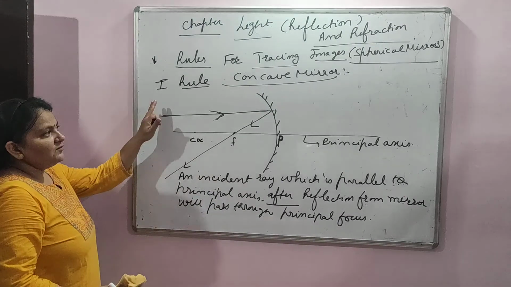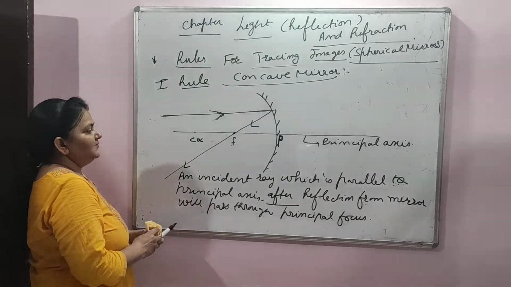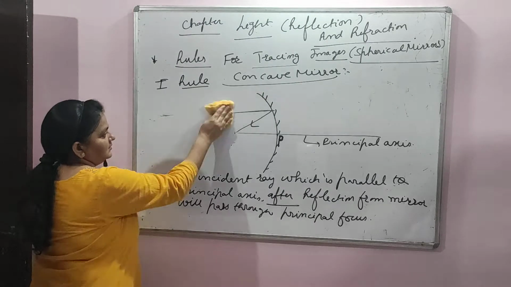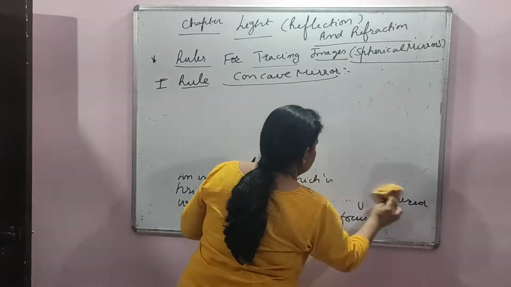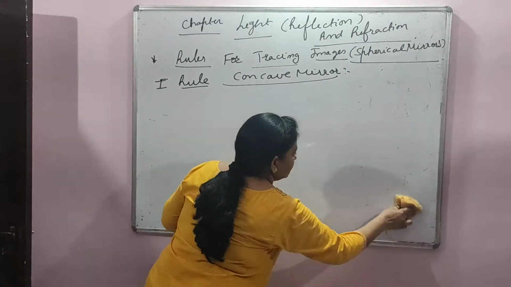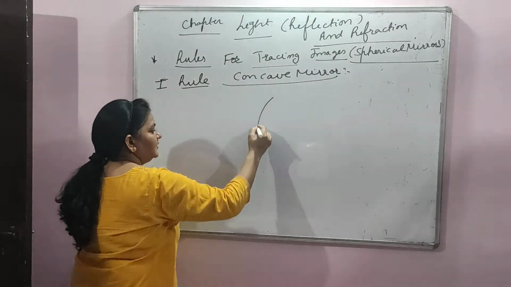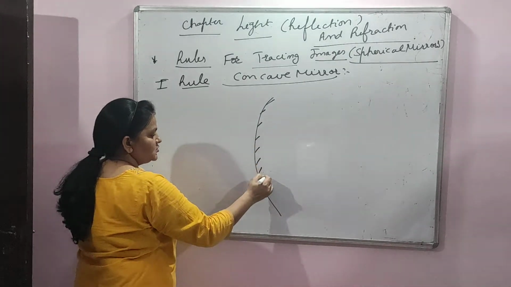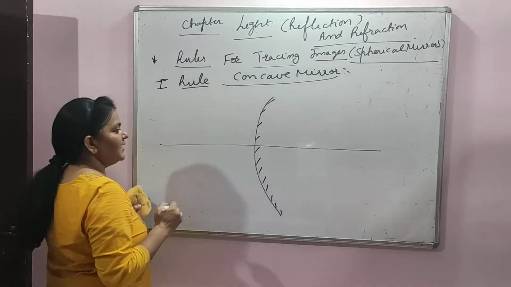The same rule will go for the convex mirror also, but as we know that a convex mirror has a virtual principal focus, there will be a difference in tracing the image. So I will show you what the difference is here. This is again a principal axis.